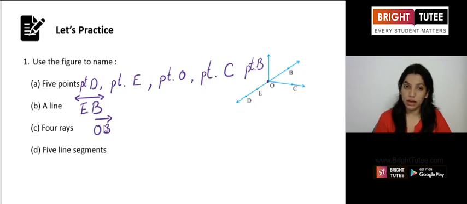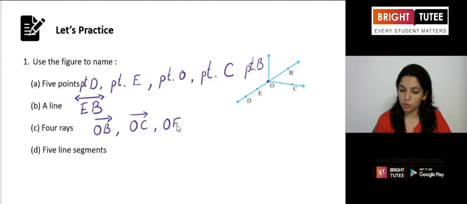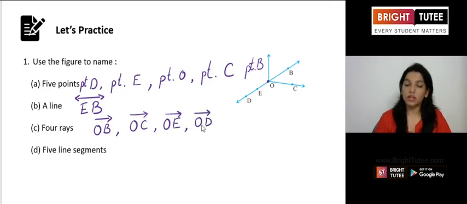You can see on top of OB I have drawn a bar and an arrow in just one direction. Then I can see OC. This is one ray. Then from this point O I can write OE and I can write OD. So these are all the examples of rays from this image.